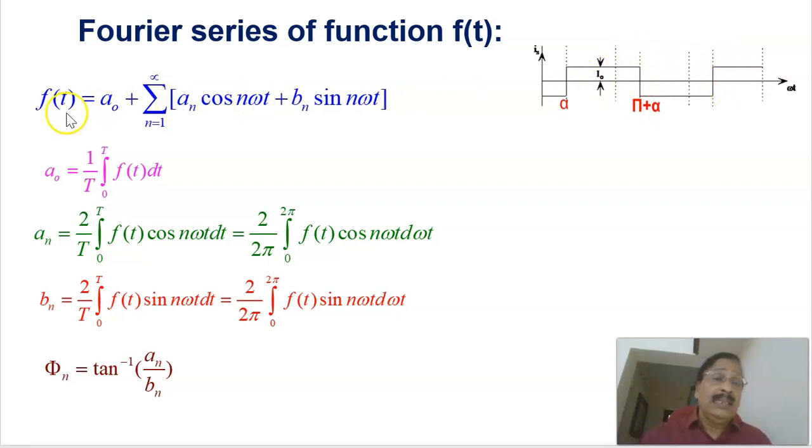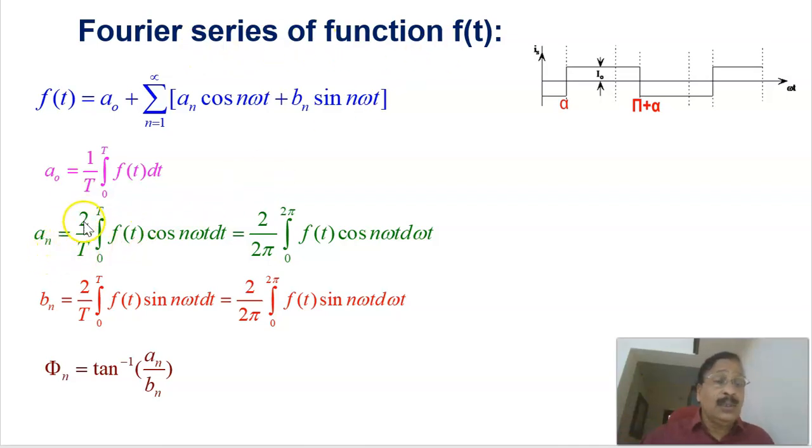In general, f(t) equals a naught plus the sum from n equals 1 to infinity of an cos n omega t plus bn sin n omega t, where a naught equals 1 by T integral 0 to T f(t) dt. This is a generalized equation for the Fourier series.